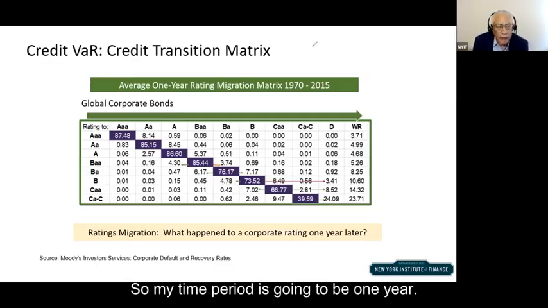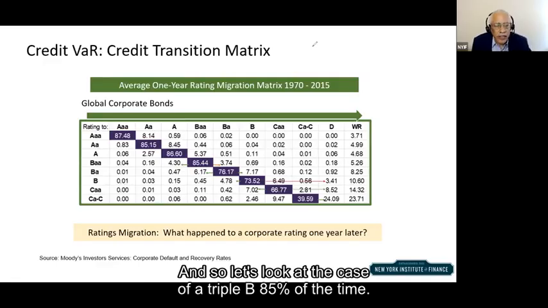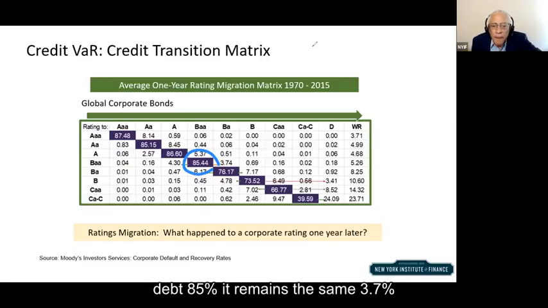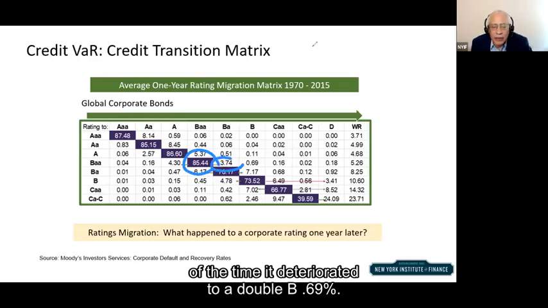So my time period is going to be 1 year. Let's look at the case of a triple B. 85% of the time, a triple B rated company or triple B rated debt remained the same. 3.7% of the time, it deteriorated to a double B.